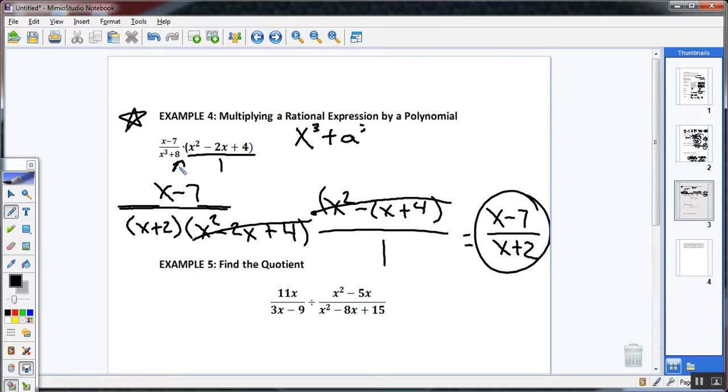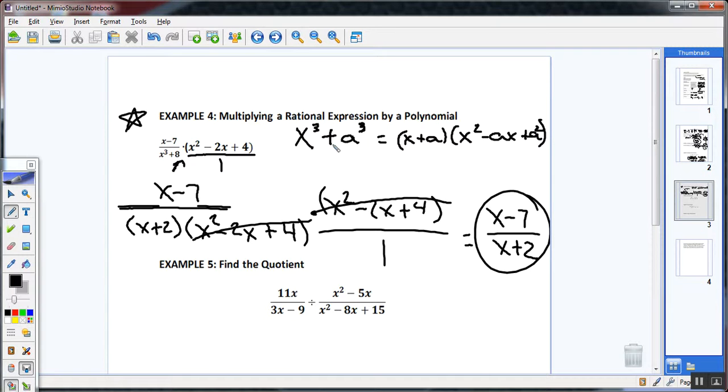Or what's the cube root of 8, in other words? 2. Okay, that's a 3 right there. This becomes x plus a times x squared minus ax plus a squared.